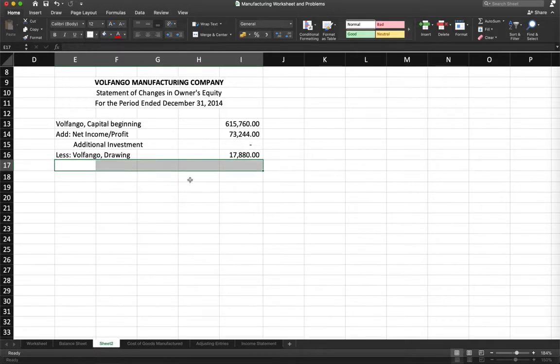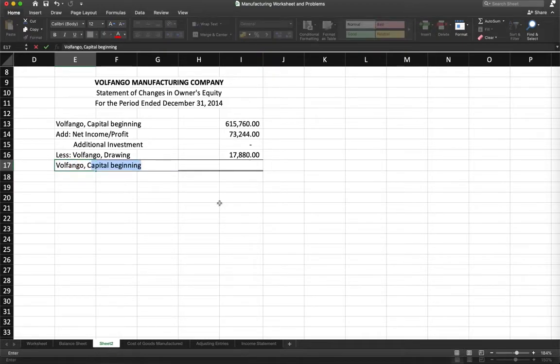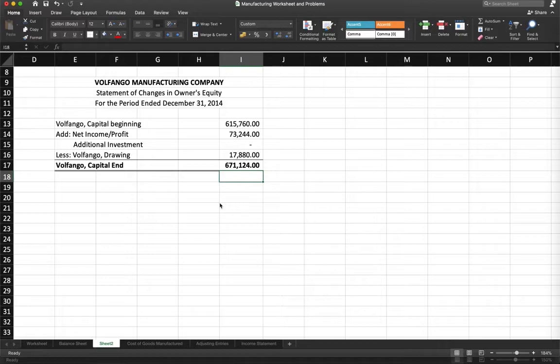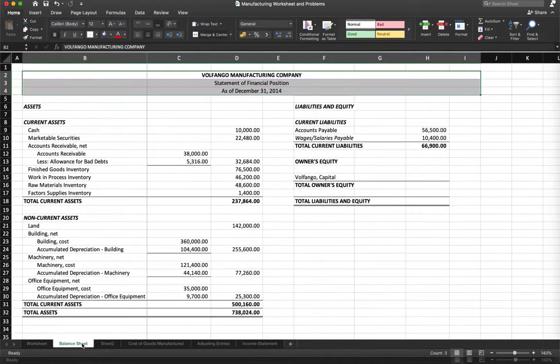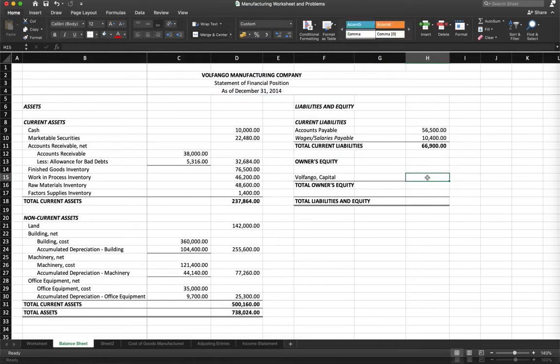Top and bottom border. We get Volfango capital plus less 671,124. Yan ngayon yung ending balance ni owner's equity.